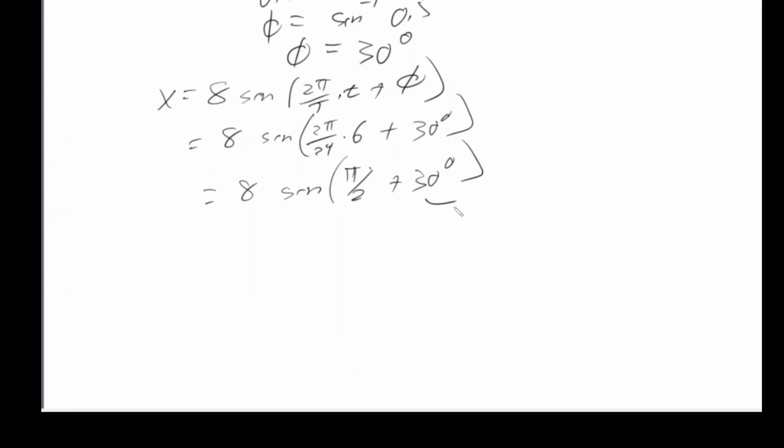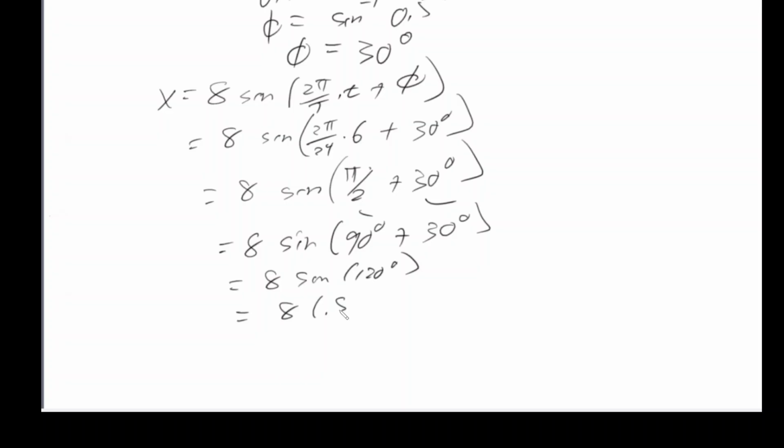Well, that's in radians and this is in degrees, so we've got to convert to one system of units. So we will use degrees. Pi over 2 is 90 degrees plus 30 degrees, or 8 sine 120 degrees, or x is equal to 8 times 0.87, or x is equal to 6.9 centimeters.